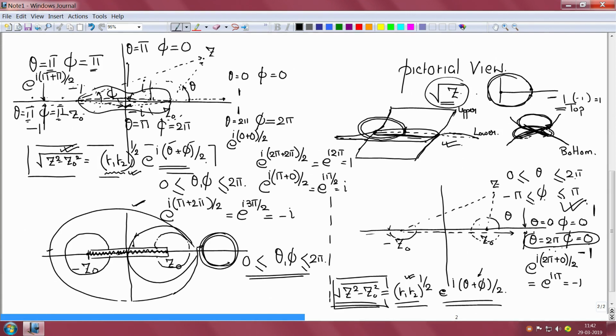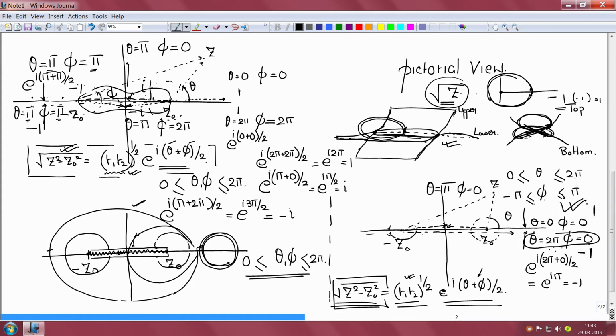Let us examine in between. Now my z minus z0 looks like this, and z plus z0 looks like this. So, we will see what the theta and phi values are. Theta for this case is pi, and phi for this case is 0, just as before.